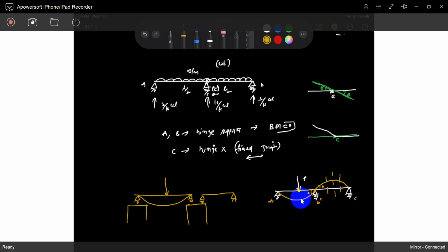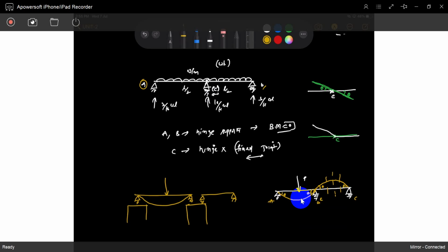B is 0, A is 0, because those are the end joints. They will rotate, but there is no moment because those are the ends. But C has a certain moment, because it will rotate, which means some moment is applied at that location.